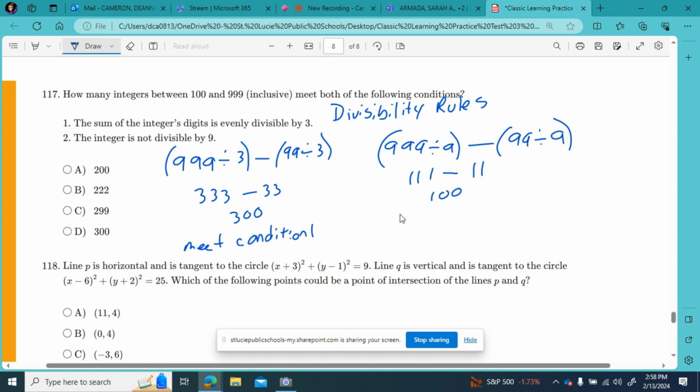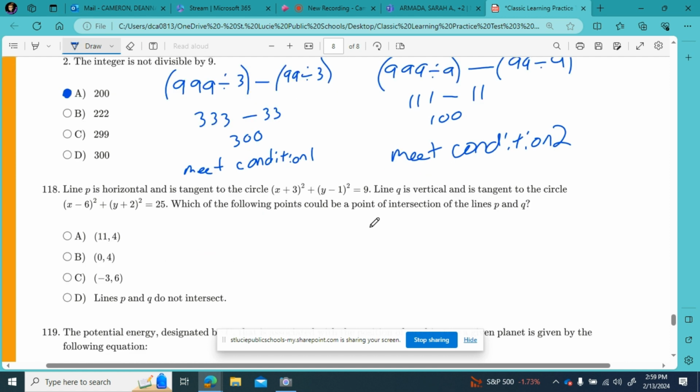So that leaves us with 200 numbers that meet the conditions together. We had to take our 300, which are the numbers that meet condition number 1, and then subtract out the numbers that overlap and also meet condition number 2.